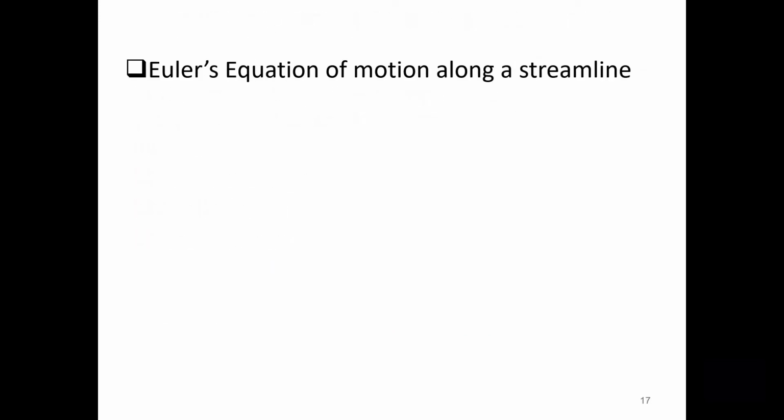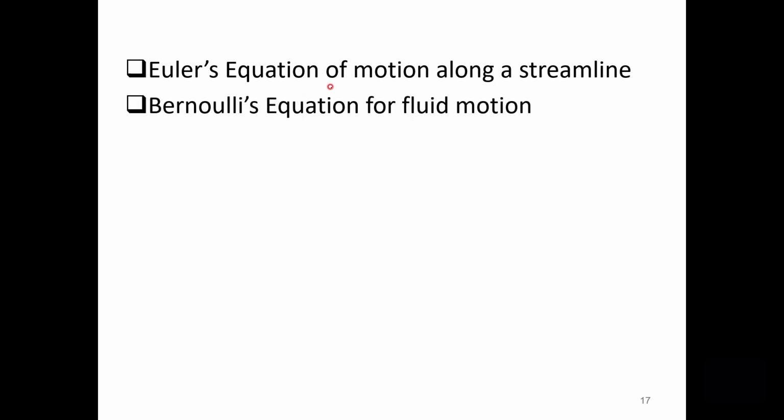Next. Euler's equation of motion, as I said, we'll be studying in detail in the next class along a streamline. And Bernoulli's equation for fluid motion means Bernoulli has utilized this Euler equation, and he obtained one equation that is called Bernoulli's equation of fluid motion.